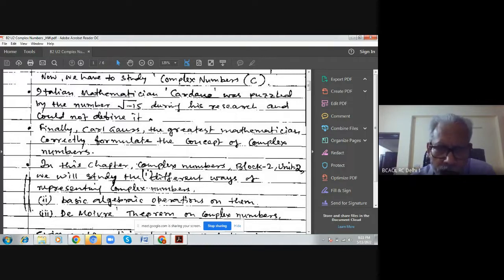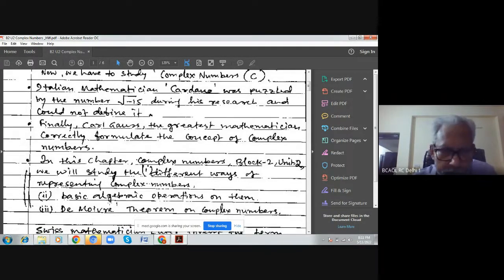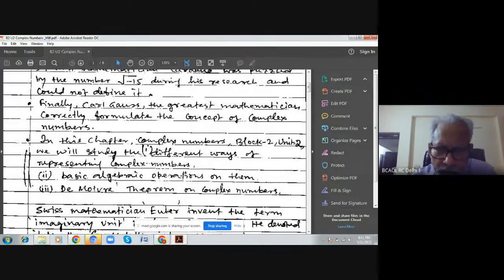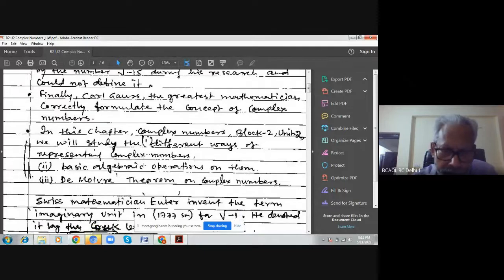So how do we handle that type of number? Some operations and processes are given. Basic algebraic operations are one way you have to identify. Another is De Moivre's theorem. Through this way also we can calculate complex numbers. These are the two ways we have to see.